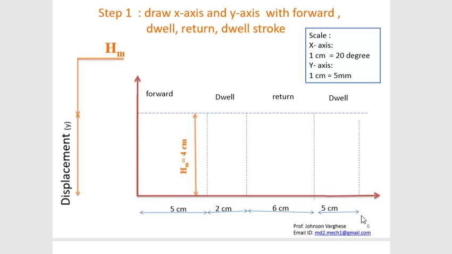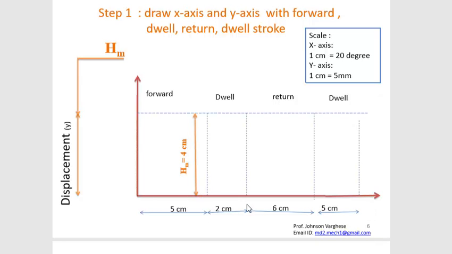Before I draw the x and y, I need to use a proper scale. So in x-axis I take 1 centimeter is equal to 20 degree, and in y-axis I take 1 centimeter is equal to 5 mm, so that I get sufficient distance to draw it. So as I told you, x is cam rotation, which is represented by theta, and you know that the forward stroke, dwell, return and dwell, this is the pattern in which the question is given.